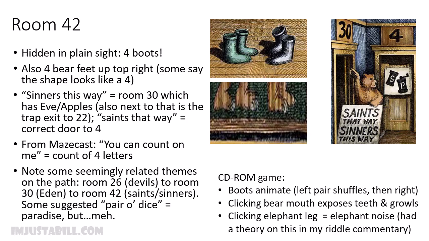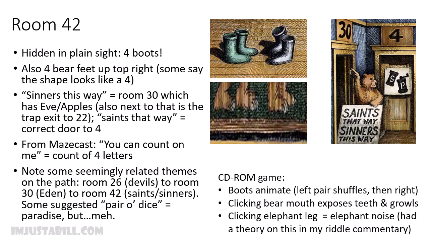Now, another clue, I think, is the bear is over this sign that says sinners this way, and saints that way. So room 30, which we just came from, has the Eve and the apple themes, so kind of a sinner theme.